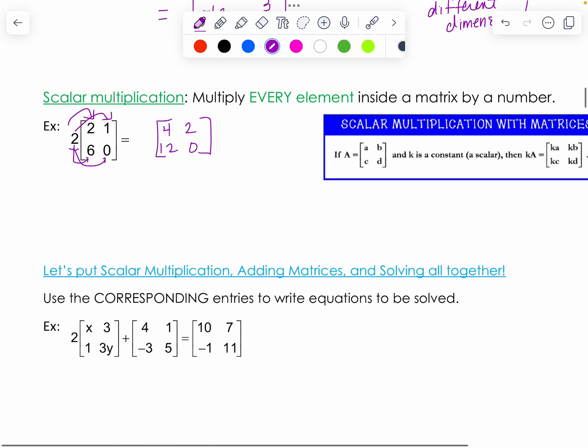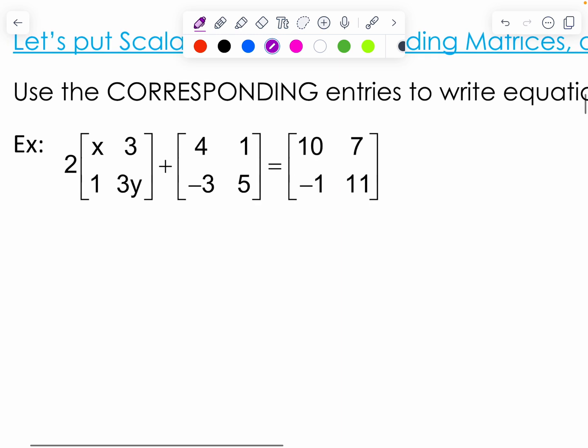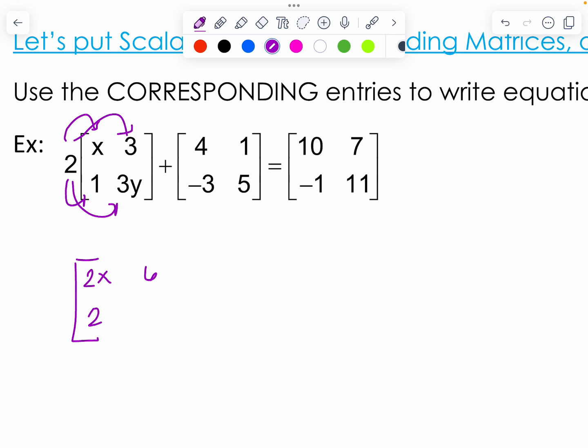Now I can put everything together, and this is using order of operations. So here I'm going to multiply first. So I have 2x, 6, 2, 6y. And then I would add.